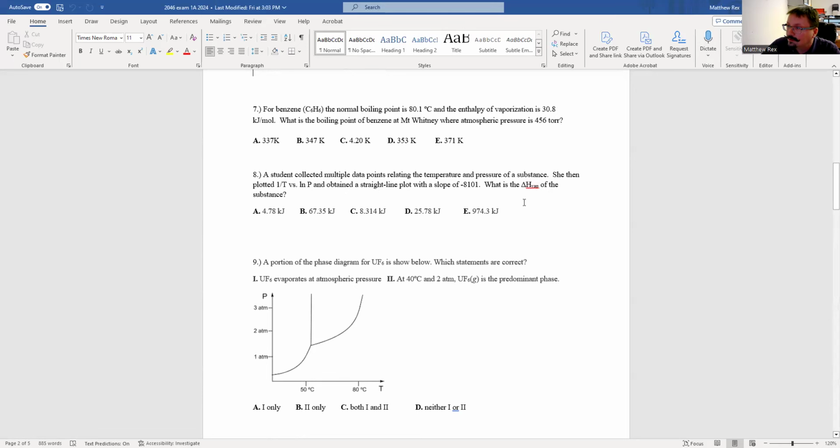What is the enthalpy of vaporization of the substance? So this student made a Clausius-Clapeyron plot and then got a straight line plot with multiple data points and then had to get the slope, the equation of the line, and from that they want us to figure out the enthalpy of vaporization.